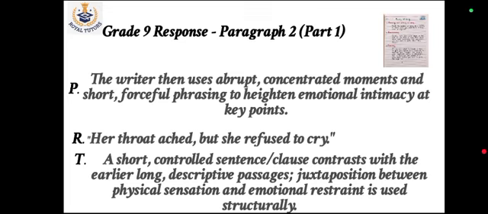Now for paragraph 2, the writer then used abrupt concentrated moments and short forceful phrases to heighten emotional intimacy at key points. Now for the reference, which is the quote: her throat ached, but she refused to cry.